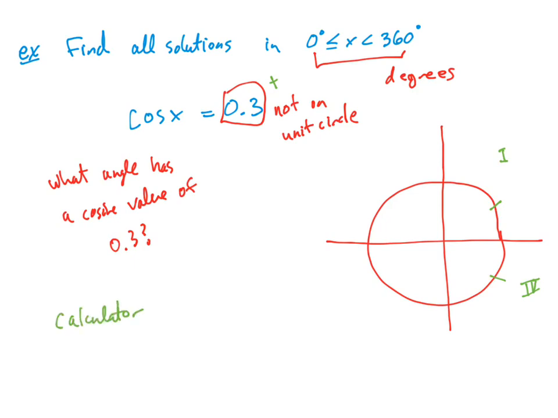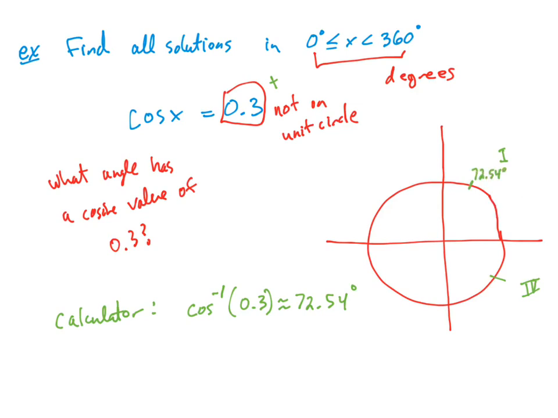And what we're going to input is cosine inverse of 0.3. And what we get is 72.54 degrees, about. So this angle, 72.54 degrees. And really, this angle is going to be more like up here.